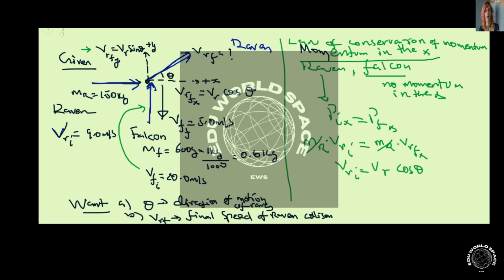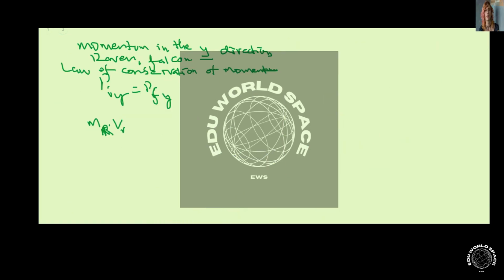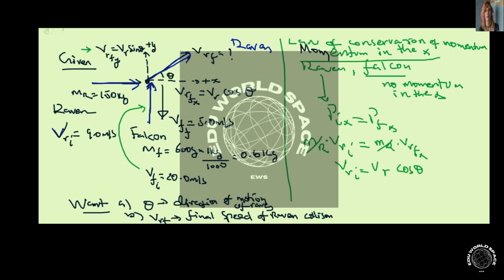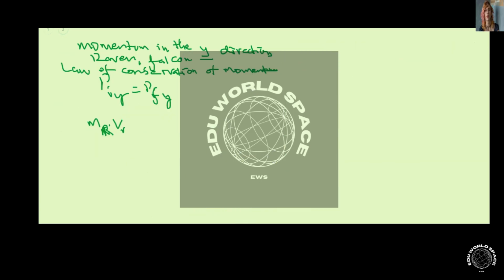Let me see, we have to use the right convention. So mass of Raven and initial velocity of the Raven in the y direction. That happens to be 0 meters per second because it's not moving in the y direction.